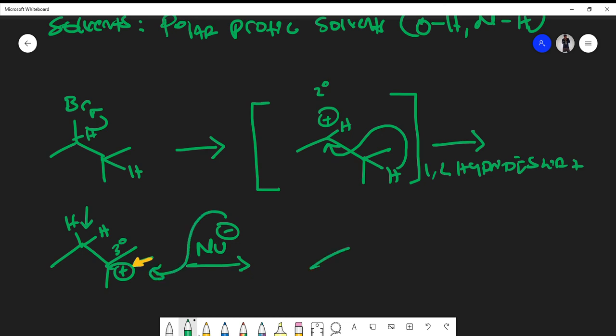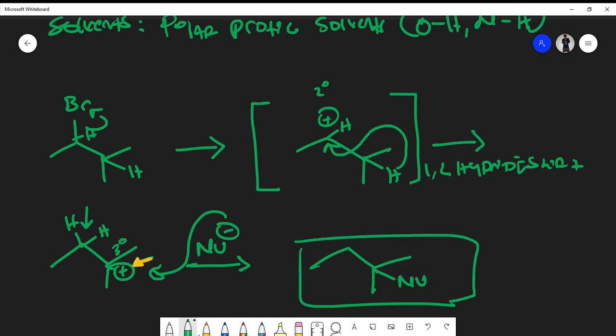So essentially the product of this reaction will be this. You need to understand this because this is very important when you're doing reactions on your exam. Notice that where the alkyl halide started is not where the nucleophile ends up.